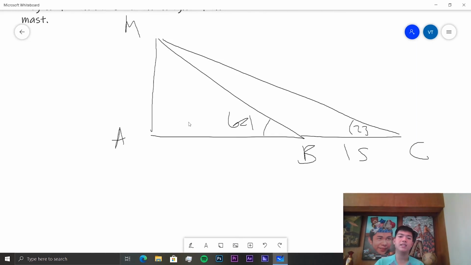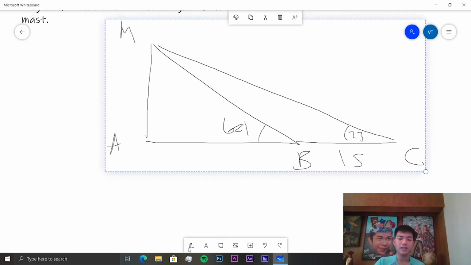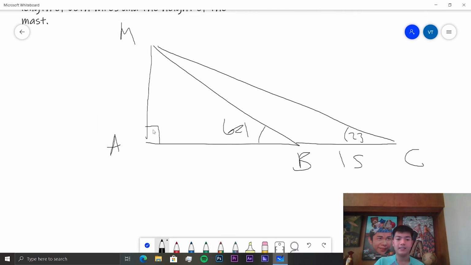Oh, but we know this is 90 degrees actually. So the other one must be 90 minus 64 degrees, so this is 26 degrees. And similarly, 90 minus 23, so this must be 67 degrees. So this total thing is 67, and the small one is 26.